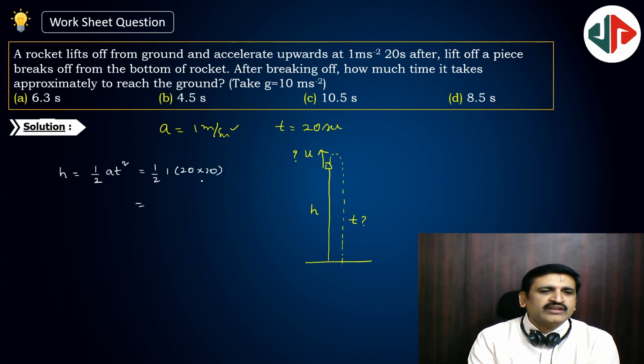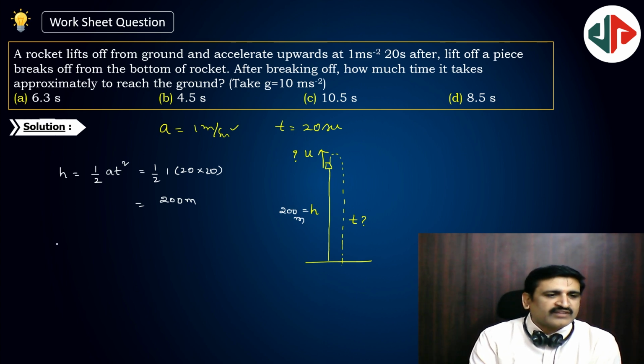So it will be 200 meters. First of all, 200 meters we got. Next, velocity acquired by the rocket. v equal to u plus at, u value 0, a equal to 1 into t is 20. It will be 20 meter per second.